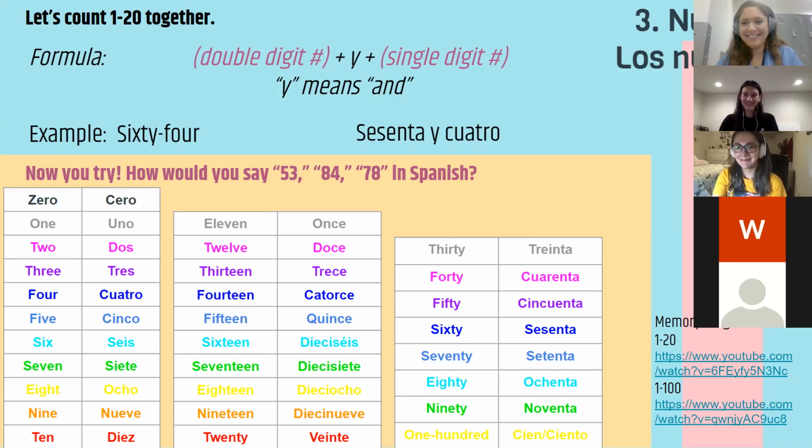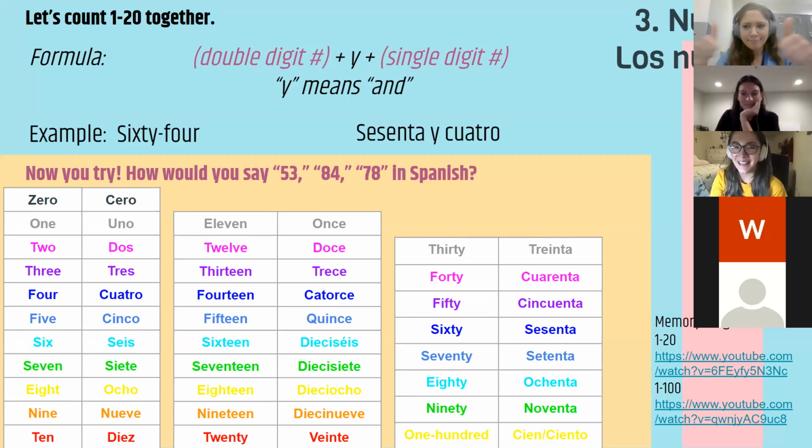Thank you. Okay. 0, 1, 2, 3, 4, 5, 6, 7, 8, 9, 10, 11, 12, 13, 14, 15, 16. Oh, I don't know how to do this. Okay.